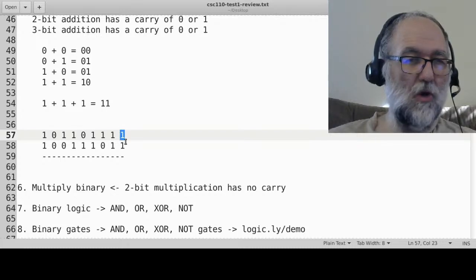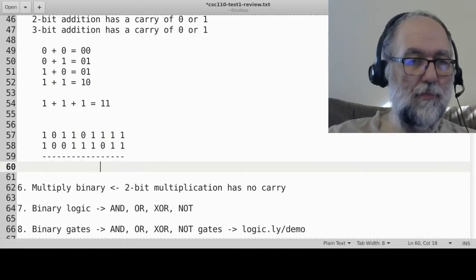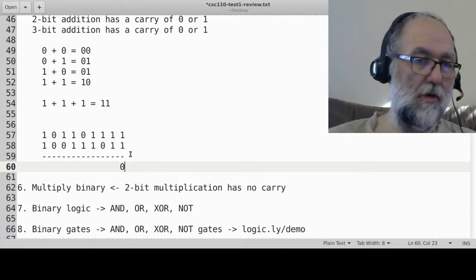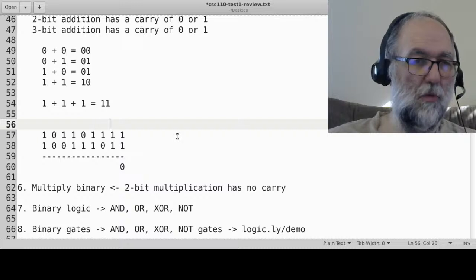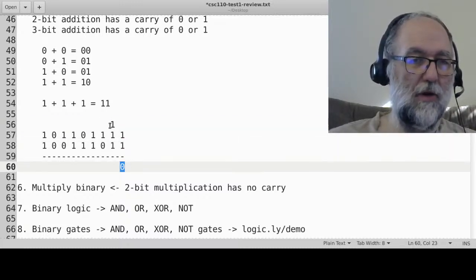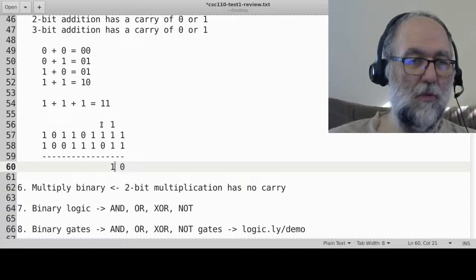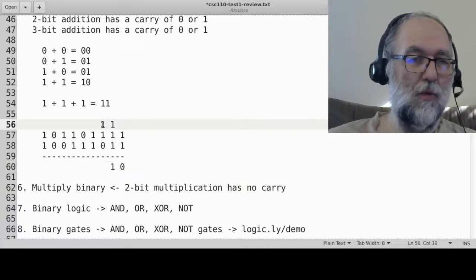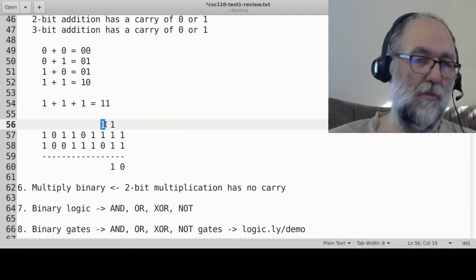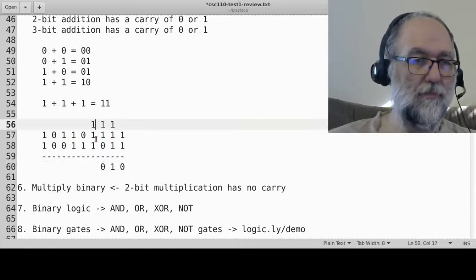So you start with the left-hand side. You go 1 plus 1. 1 plus 1 is 0 carry 1. Down here, below the line, you write 0, and you have a carry of 1 up here. We'll write the carries up there. Then in the next column, 1 plus 1 plus 1 is 1 carry 1. Then 1 plus 1 is 0 carry 1.